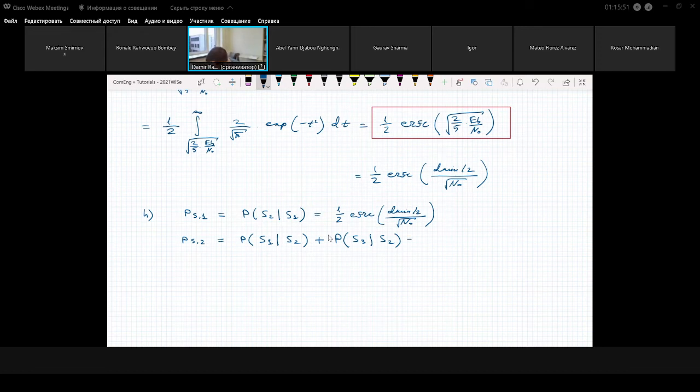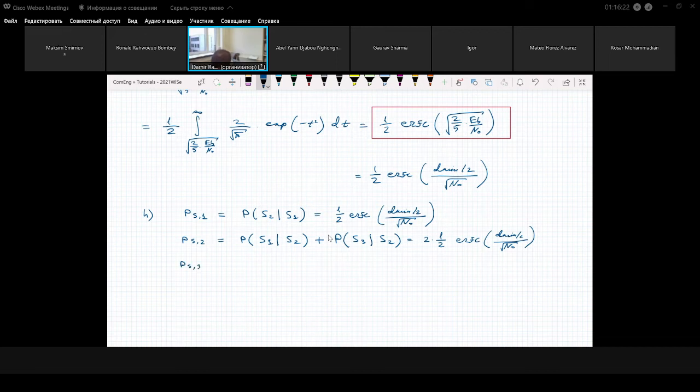I will write it as 2 times 1/2 complementary error function of d min over 2 divided by square root of N0, like this.